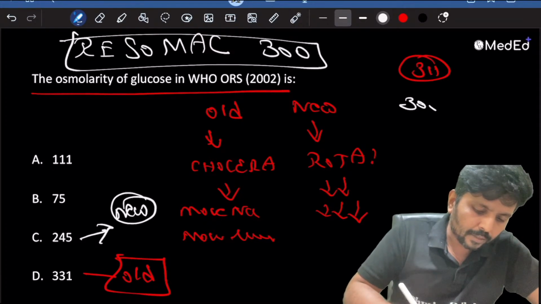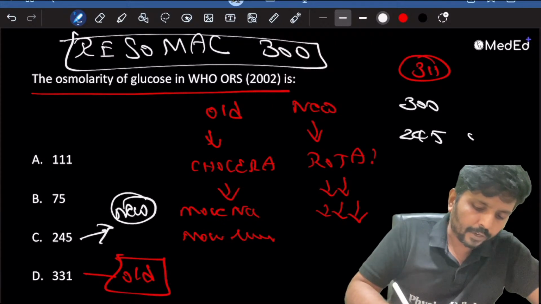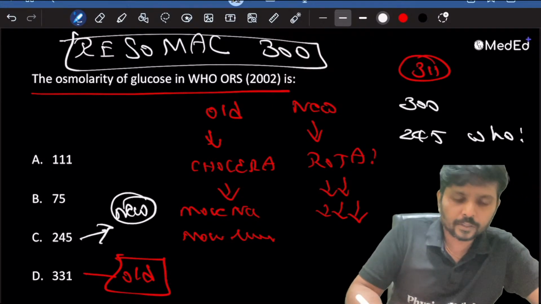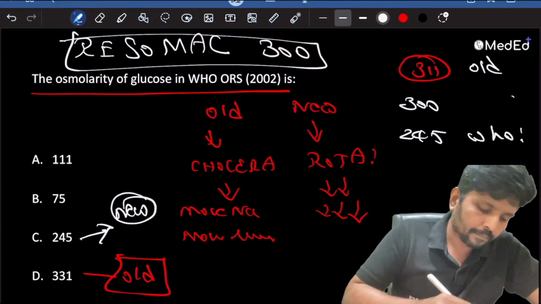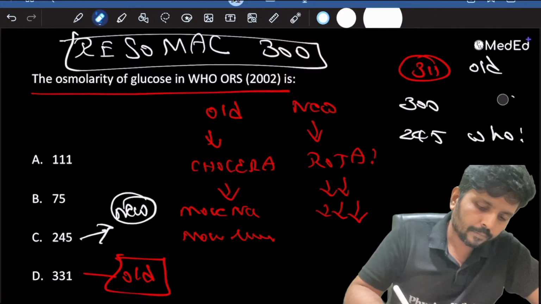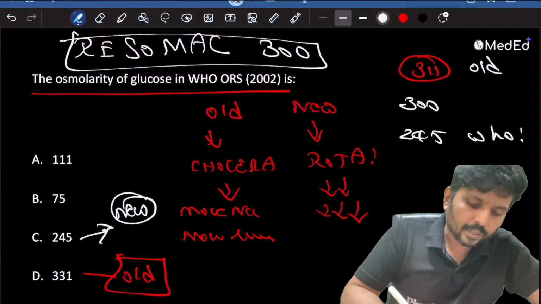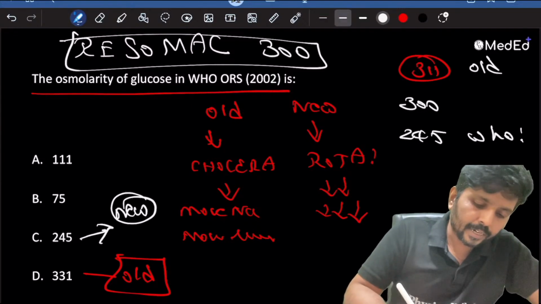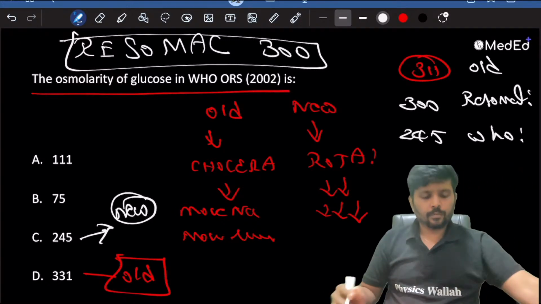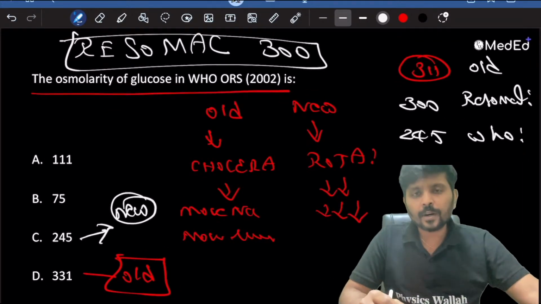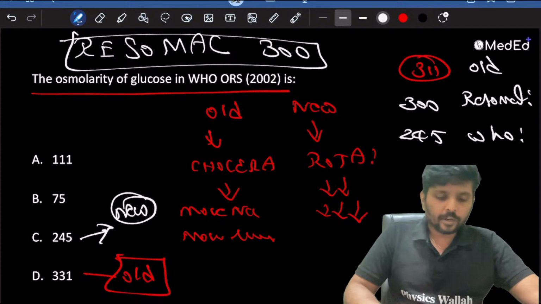So 311, 300 and then 245. 245 is new ORS, 311 is old ORS, and 300 is for ReSoMal. This is all about your new ORS.